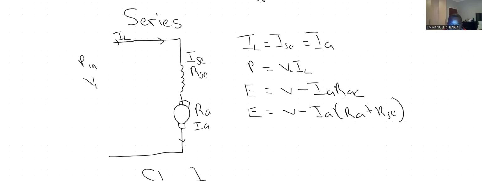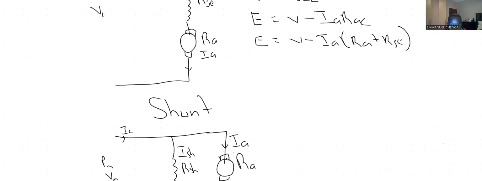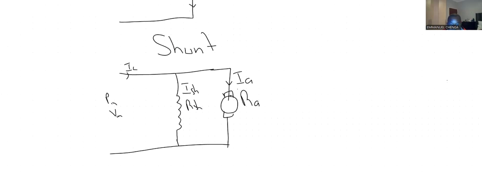We also have what we call a shunt motor. A shunt motor means a parallel motor. So the word shunt and parallel are the same thing. That's when you have your shunt resistance, which is the field resistance, connected in parallel with your armature. The first thing we can observe is that the current is no longer the same.